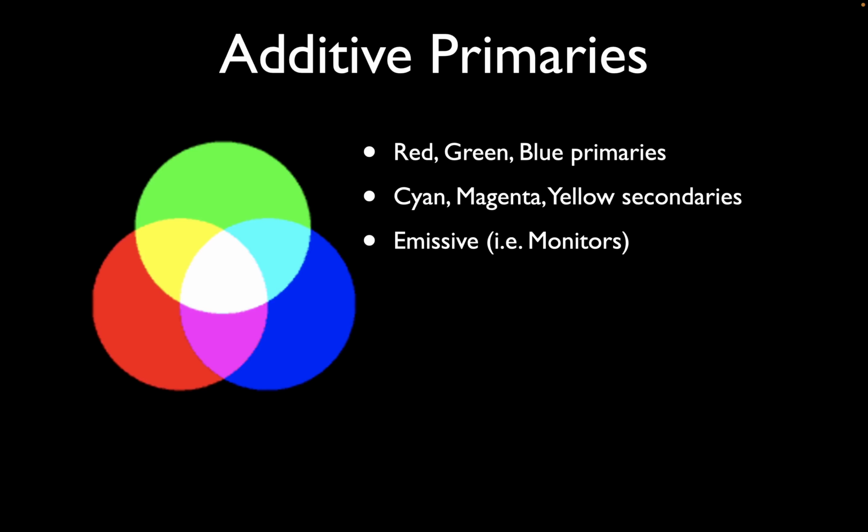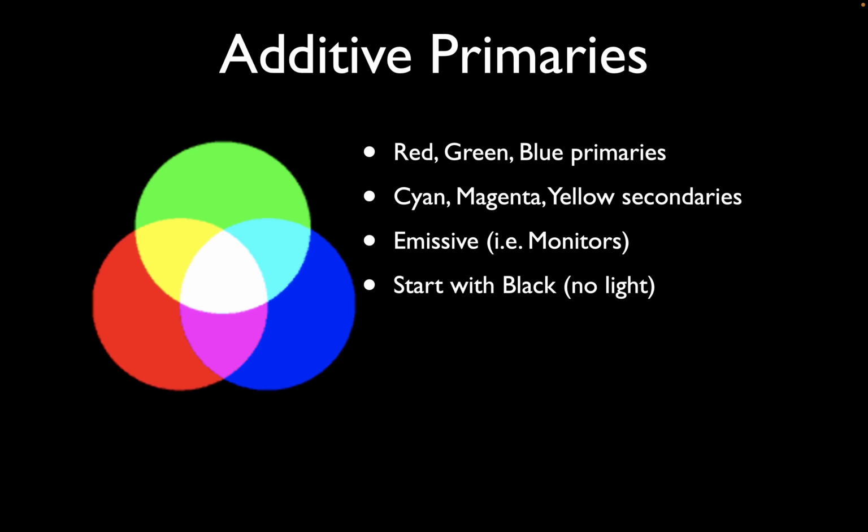You'll see it here. This is an emissive technology, so you need to think of monitors. You need to think of projectors. It's that kind of technology that uses an additive primary system. So it starts with black, and this is a perfect example right here.